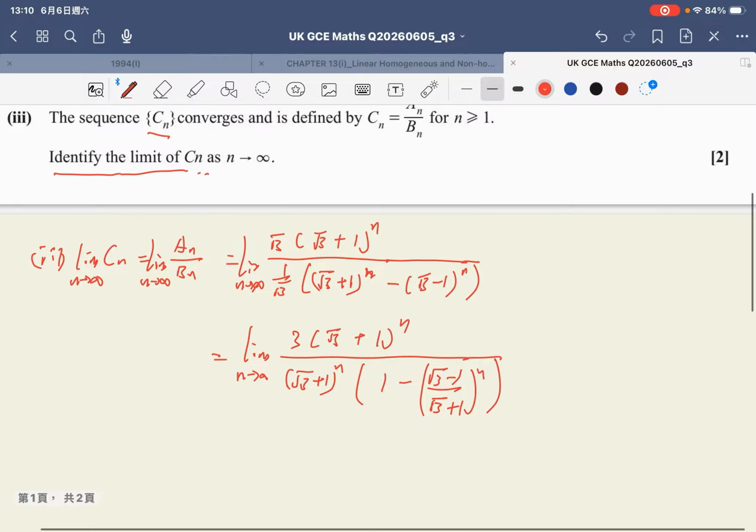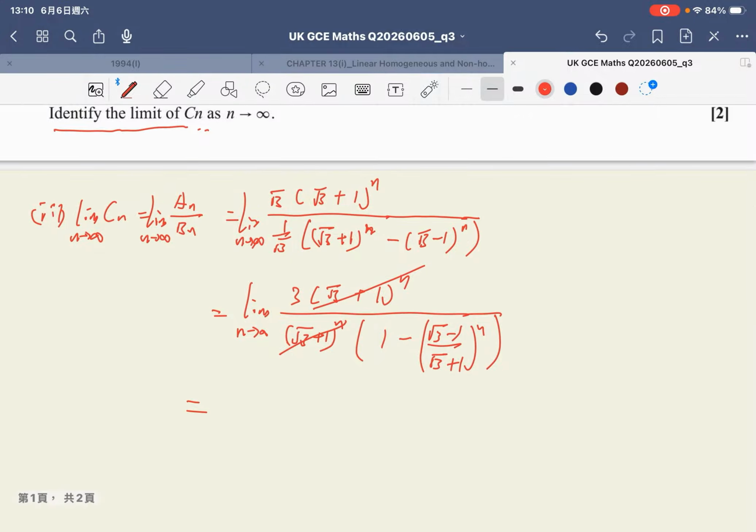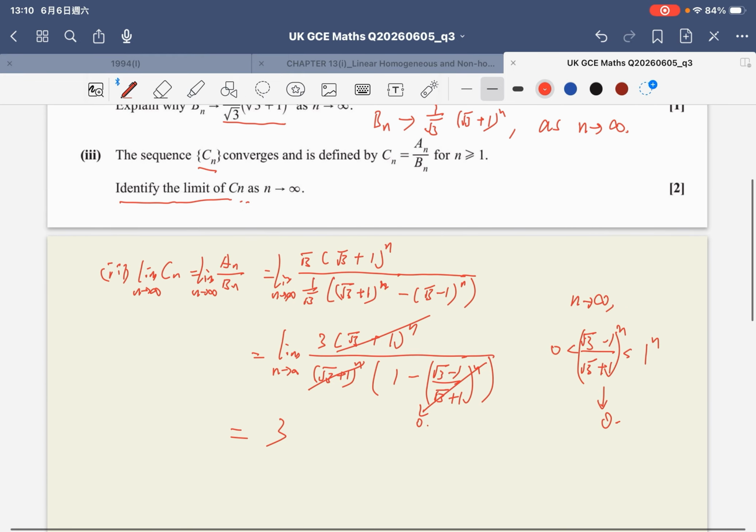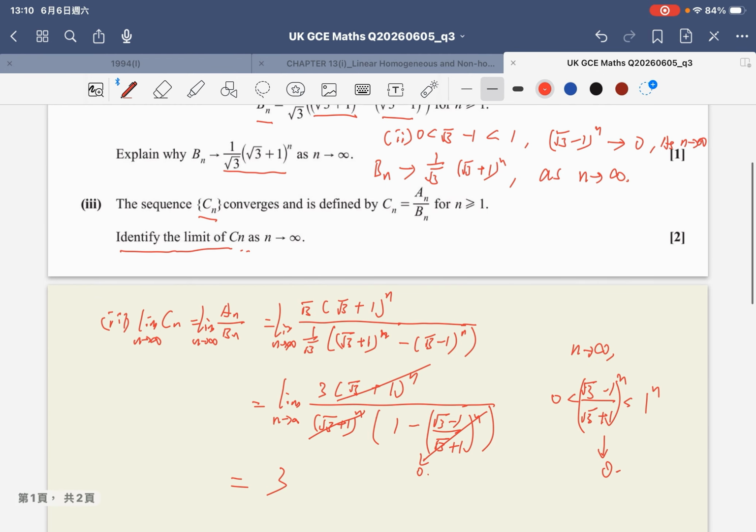We can cancel the common factor. As n tends to infinity, root 3 minus 1 over root 3 plus 1 is greater than 0 and less than 1, so the power n tends to 0. Therefore, the final answer is 3. That is the solution of this part.